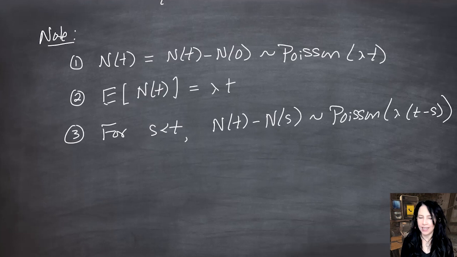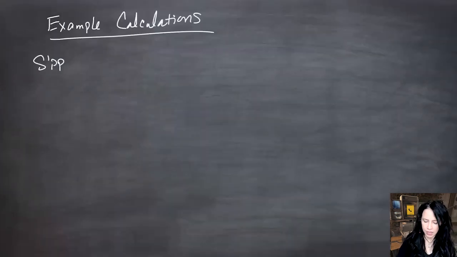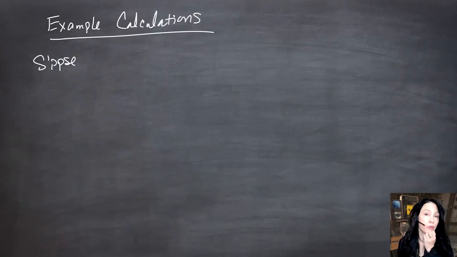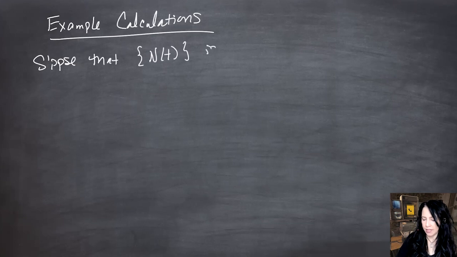Let's try a couple of numerical calculations. When you do things with the Poisson process, you really want to take advantage of independent increments. You're almost always trying to rewrite things in terms of increments. But suppose that N of t is a Poisson process with rate lambda.